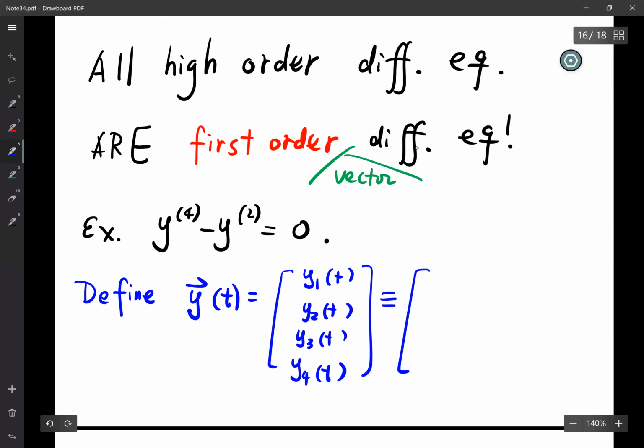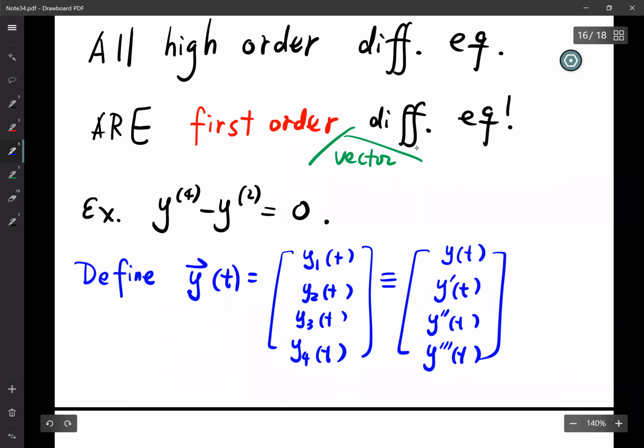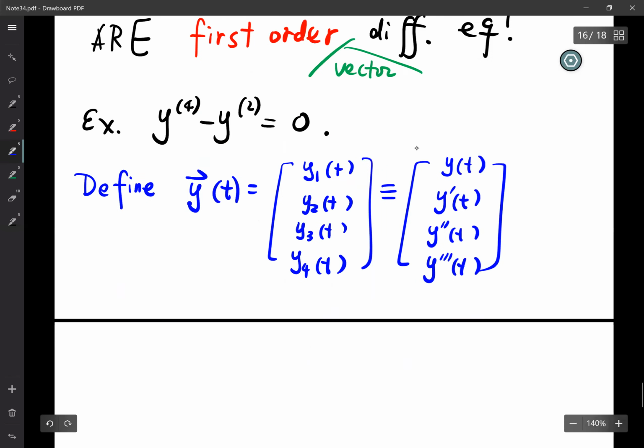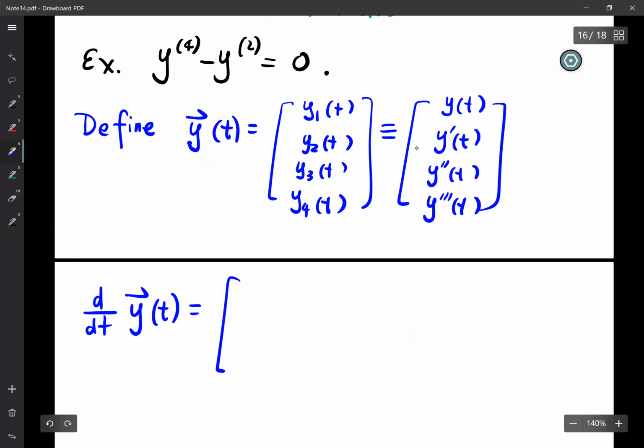Their respective definitions are y(t), y prime t, y double prime t, y triple prime t. So I just list all the derivatives up to, but not including, the highest order. Now I consider d/dt of y(t). The first one becomes y prime t, the second becomes y double prime t, the third becomes y triple prime t, and finally the fourth becomes y to the 4th of t. Any question?